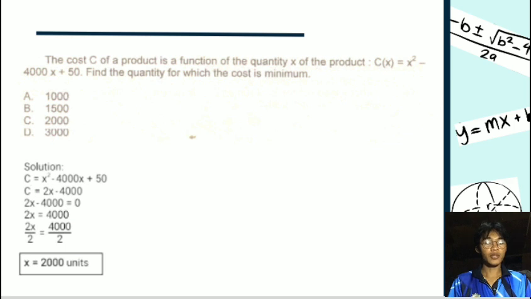To get the x, we need to transfer the 4000 across the equal sign to isolate the x, and divide both sides by 2 to cancel the 2 so it becomes x only. So the answer will become 2000 units. So the correct answer will be letter C, 2000.